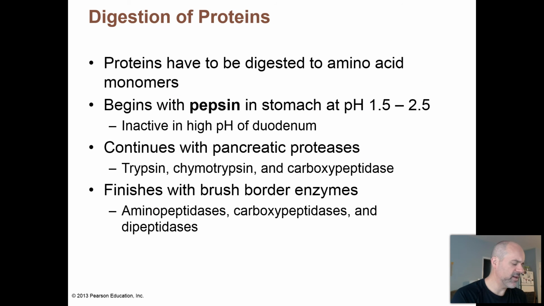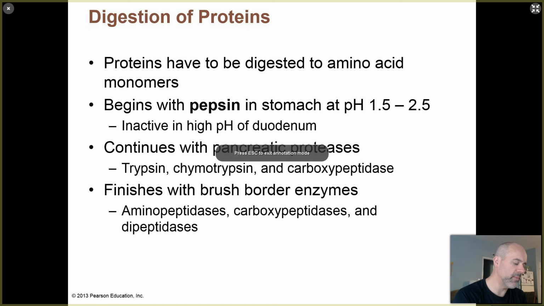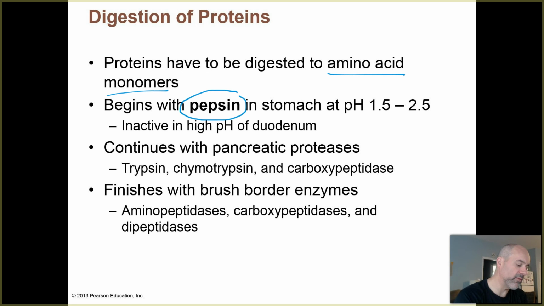All right, how about digestion of proteins? The building blocks of proteins are amino acids. As we've already talked about, in the stomach you do have an enzyme called pepsin. Go back and review how the gastric glands produce pepsinogen, the inactive form that gets converted to pepsin at a low pH.